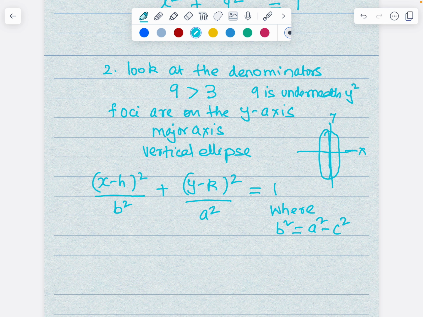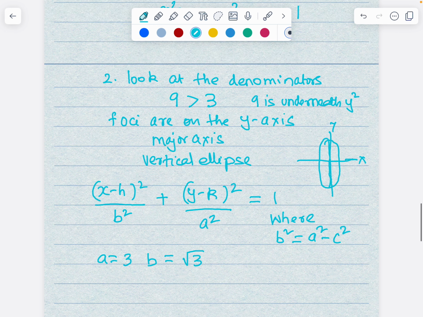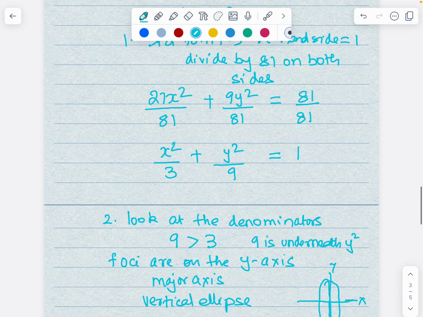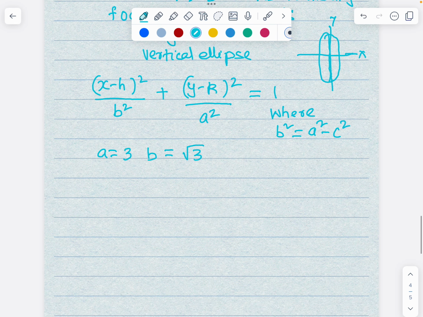Okay, so your a is 3 and your b is root 3 over here, right? Because your a square is 9 and your b square is 3.